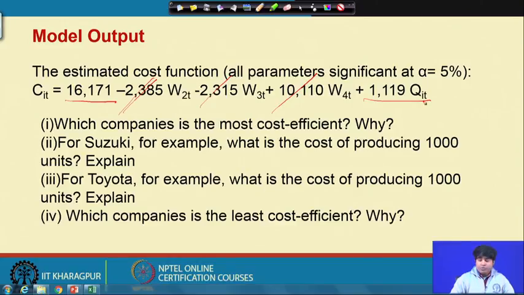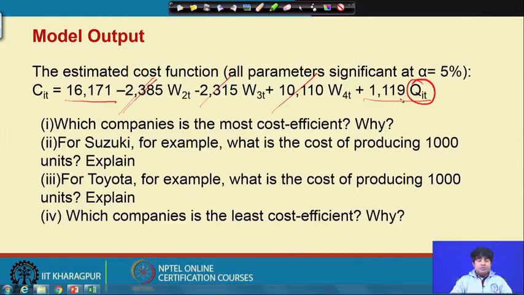For that, we can fix a particular output level. The interpretation is this: if we fix a particular level of output, let us say 1000, then which company has high cost and which has low cost?